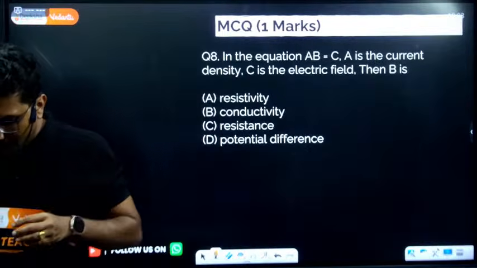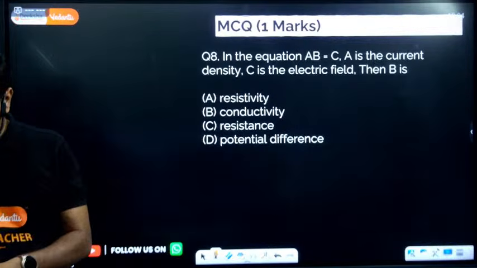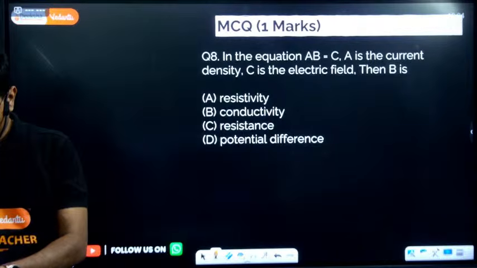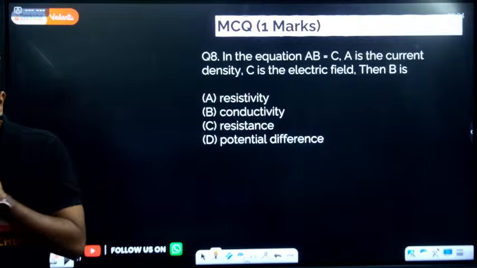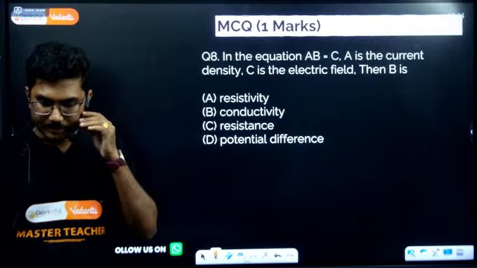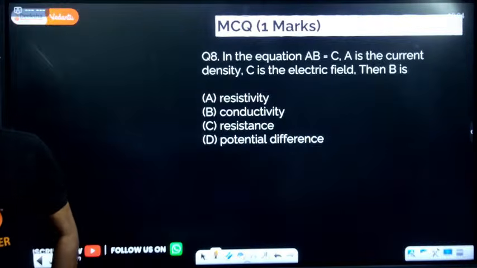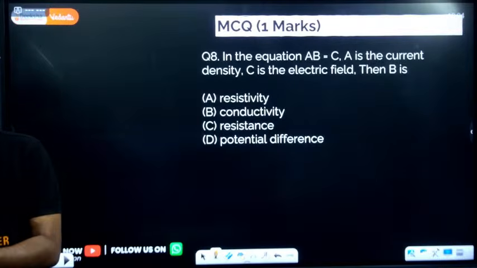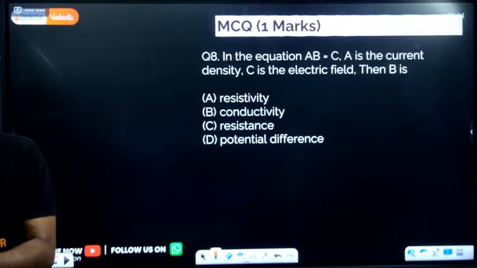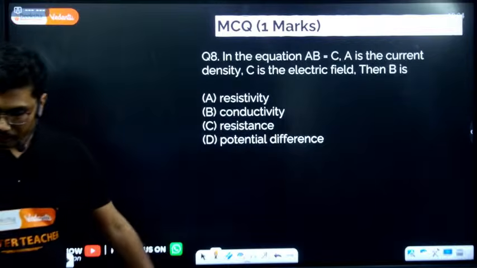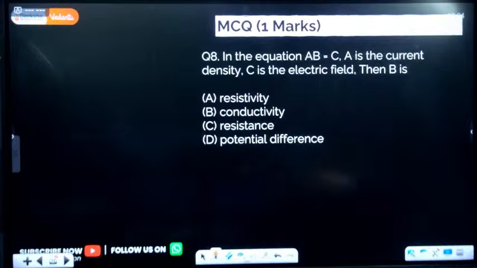Just reply in the comment whether you are able to hear me clearly or not. I have changed my device battery, so if you feel any audio issues, you can hear me, right? Thank you, Ashwini, for confirming. Now I can continue with the class. I think there was some issue with the battery, so I have changed it and I think it will be fine now.